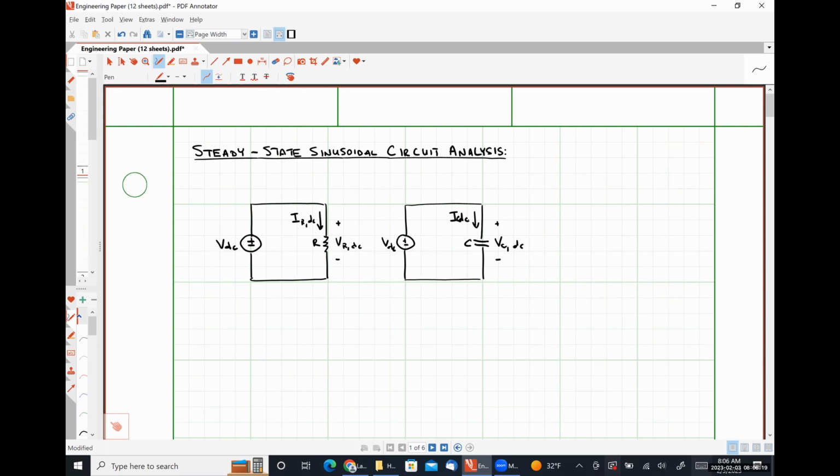And obviously the same thing would happen if I had a DC source connected to an inductor. And as we have noticed in all of our circuit analysis, I can do any combination of resistors, capacitors, and inductors. And whenever they're connected to a DC source without any switching or anything that's introducing a transient, I get DC responses, right? So if I have DC excitation in, I get DC currents and voltages out.